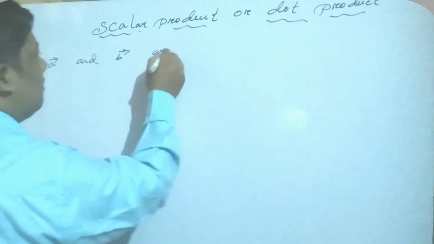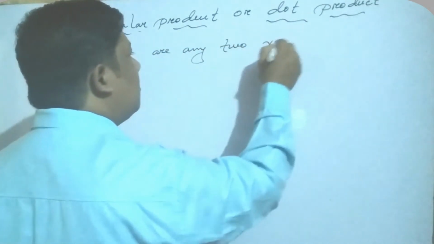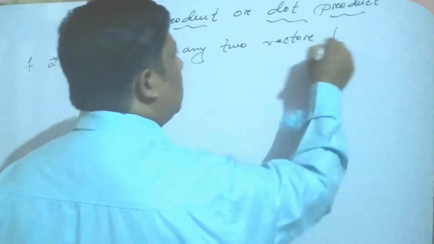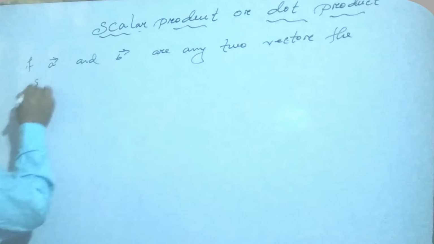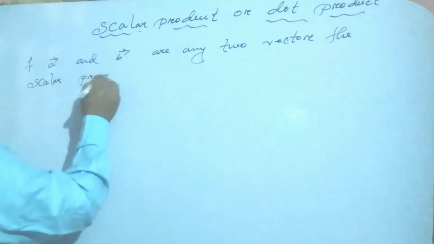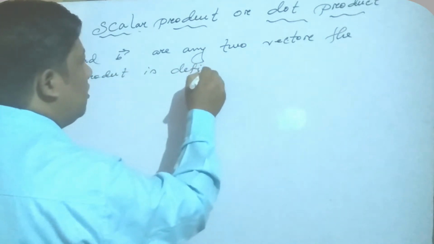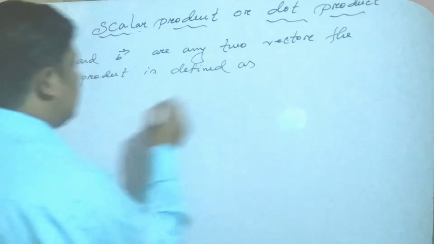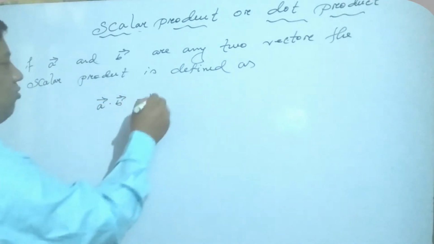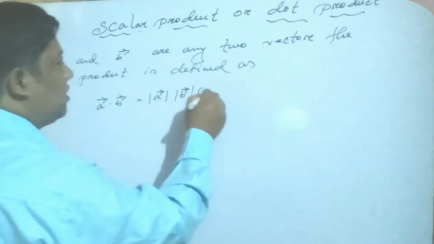B are any two vectors, then scalar product is defined as A dot B equal to mod of A mod of B cos theta.